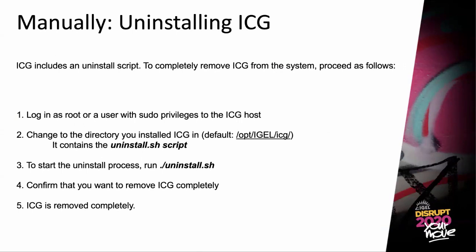You log in as a root user or as a user with sudo privileges. You change the directory, which is normally /opt/igel/icg, and there you start the script uninstall.sh. Of course, you have to confirm it, and then it's removed, and of course, you can reboot the ICG appliance.